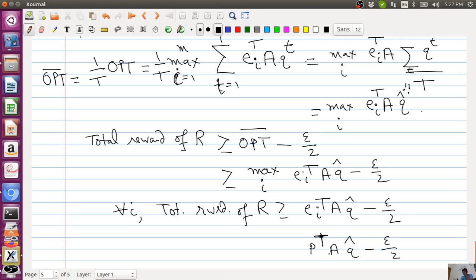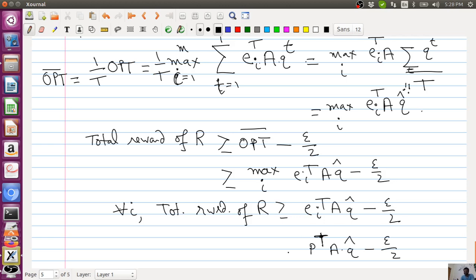This matrix product A times Q hat is really a column vector of dimension m, so you can think of it as a reward function, and e_i transpose times A times Q hat is the reward corresponding to pure strategy i according to this reward function A times Q hat. And for every i, the reward satisfies this inequality.